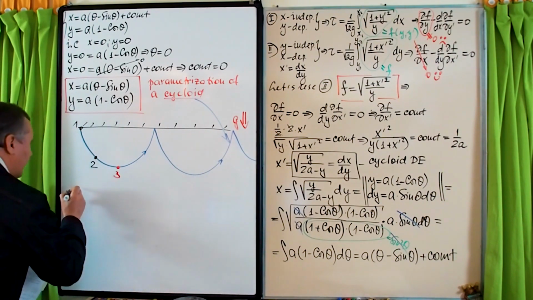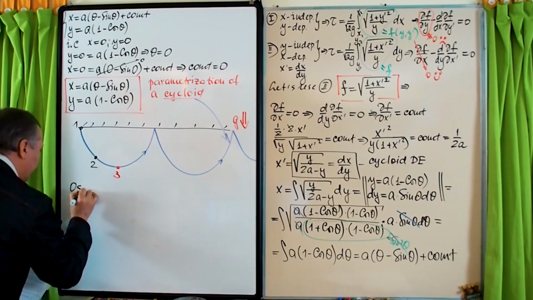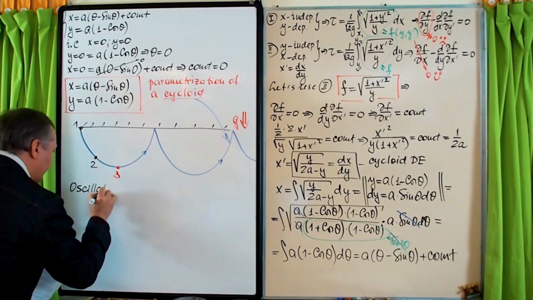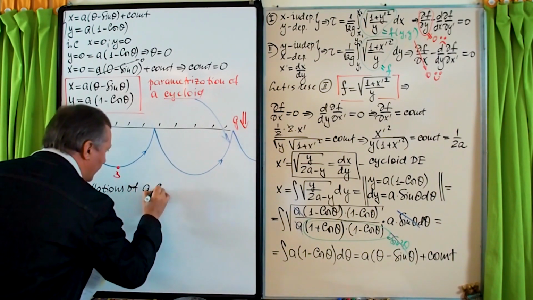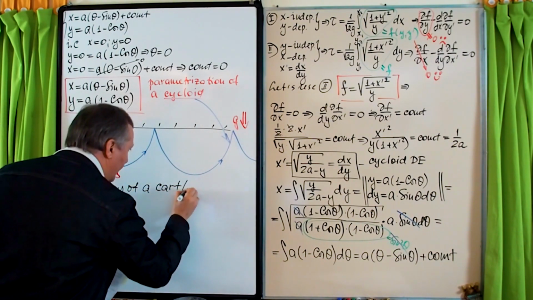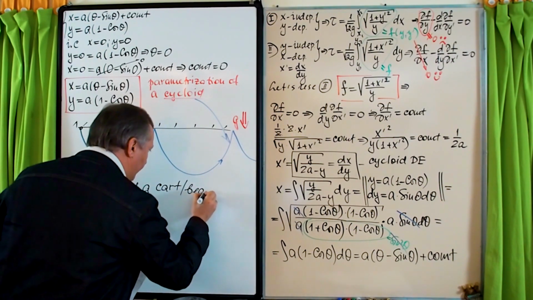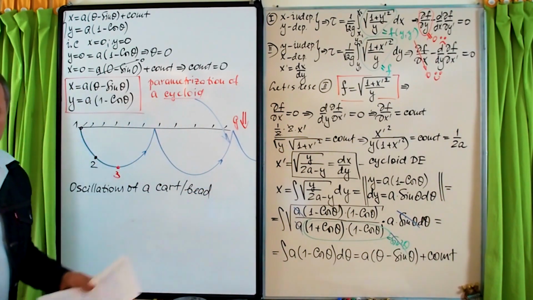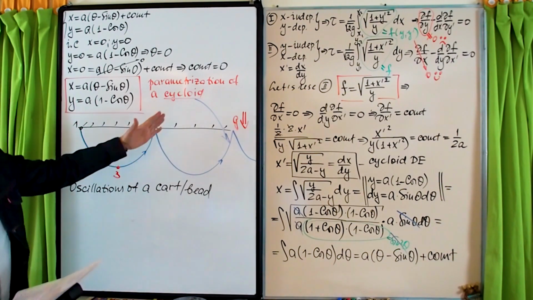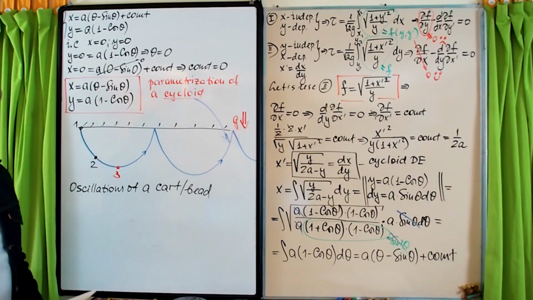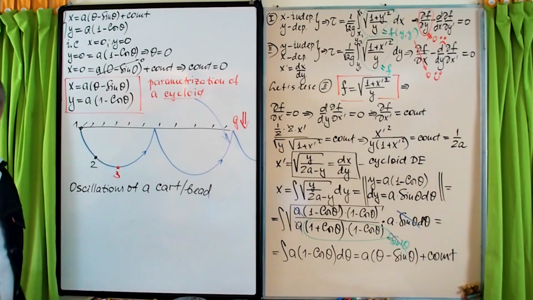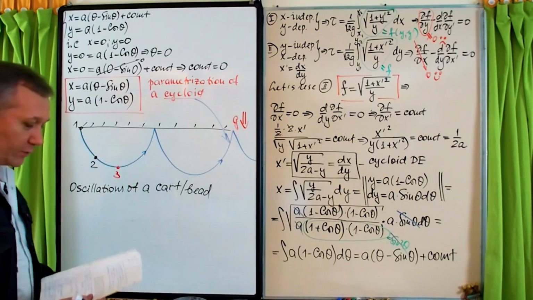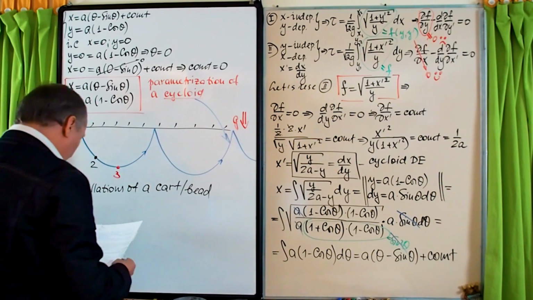Oscillations of a cart or bead, right? It depends on the system. It can be, for example, just a wire shaped in the form of a cycloid and a bead, which can slide without friction. Or a roller coaster cart. So that's why I use both words.